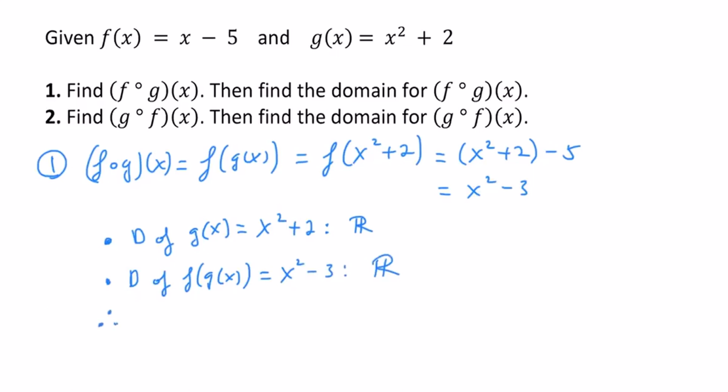So the final one is the domain that we want, the domain of f circle g. The domain of f circle g is the combination of the first two steps. So the first step, the domains are real. The second step, it is also all real. So there is no number where we have to exclude. So that means the domain of f circle g is all real numbers, or from negative infinity to infinity.